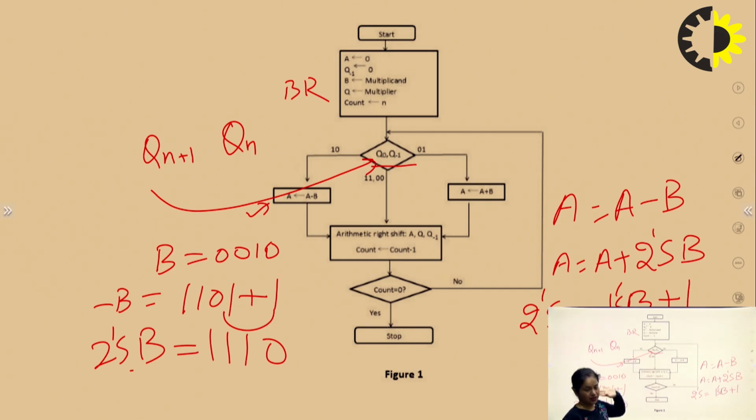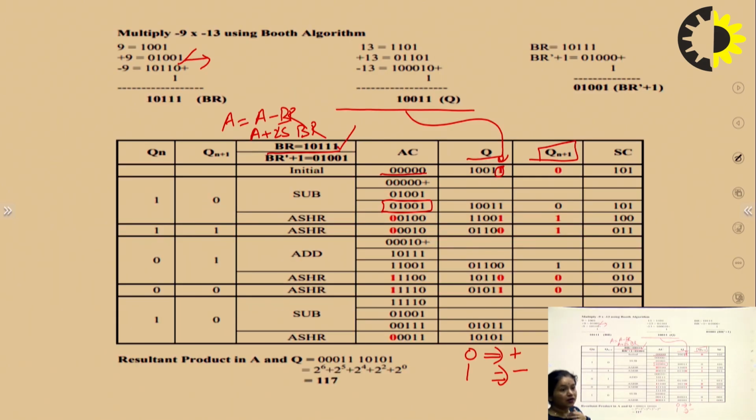Arithmetic right shift. First I will tell you what the arithmetic right shift is. Suppose you have a value A equals 0 0 1 and you are doing the shifting. So this one will go ahead, and that is 0 0. Now which bit will come over?